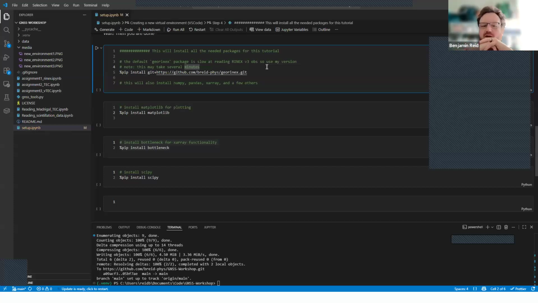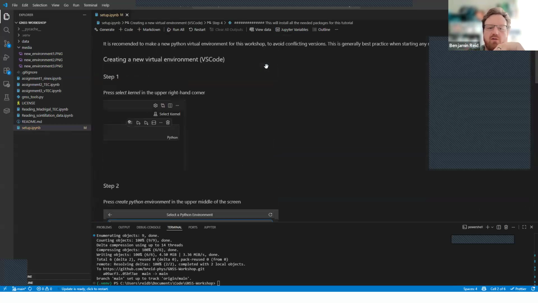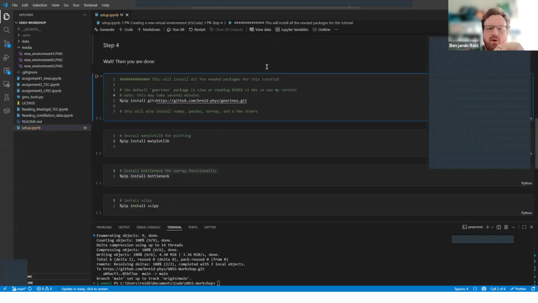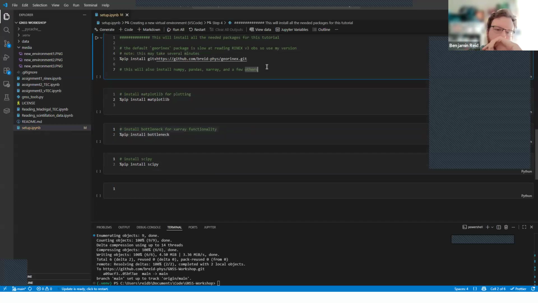I've just forgotten to merge it back into the main GeoRINEX package, and I probably should do that at some point. If you install my version of GeoRINEX, it's very nice and fast. But if you just run this Jupyter notebook, it should install all of the libraries for you. So that is there working.